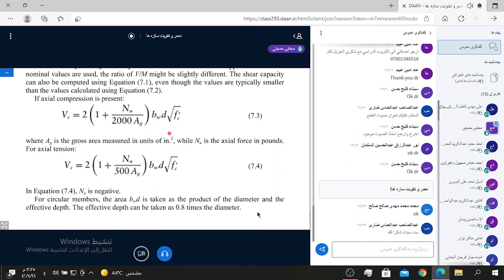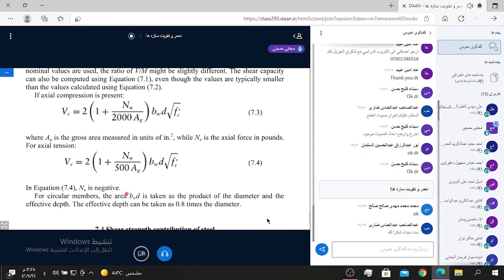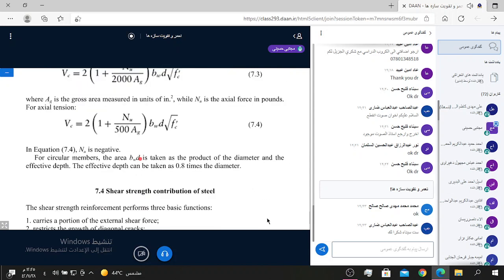They are the same, but differ only in the nomenclature. For axial tension, the sign of Nu is negative, okay?